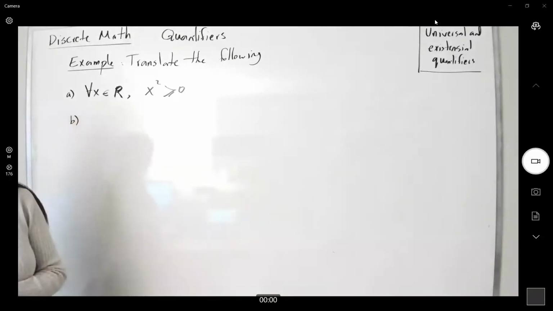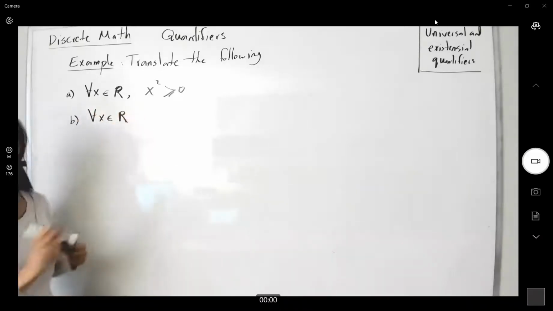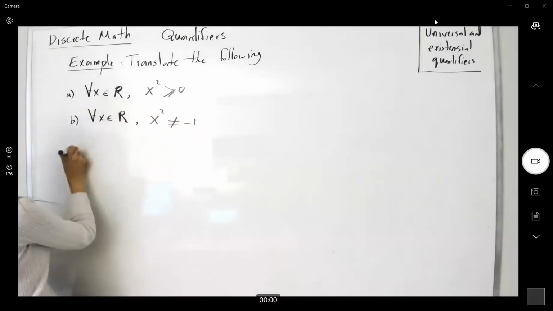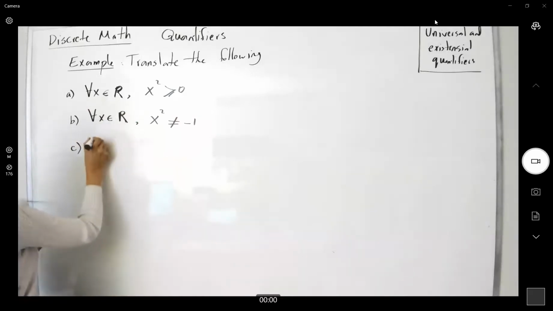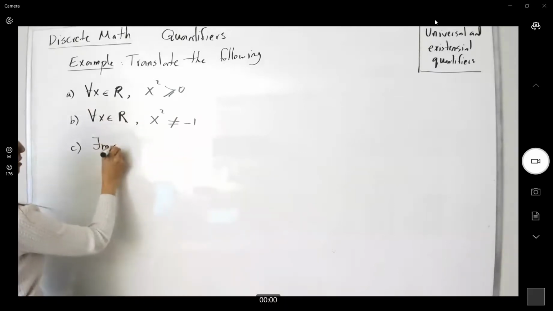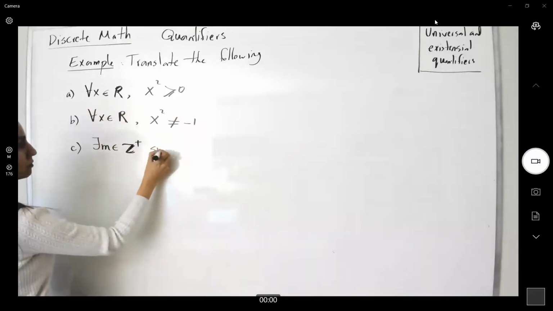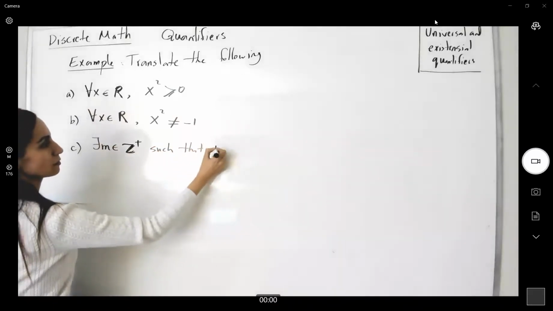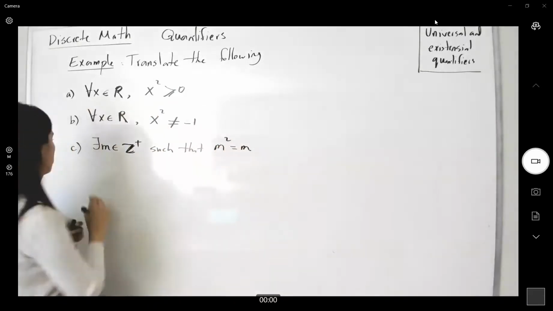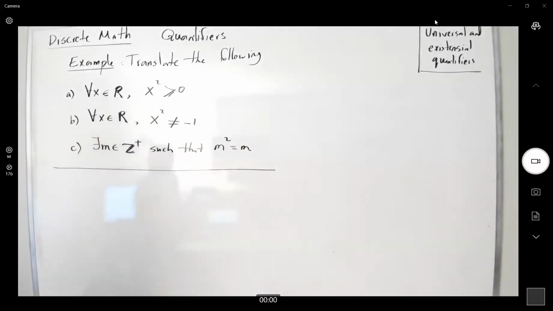We have another universal statement, and this is the predicate. And then another statement, in this case, this existential statement. Translate this statement for me as well.